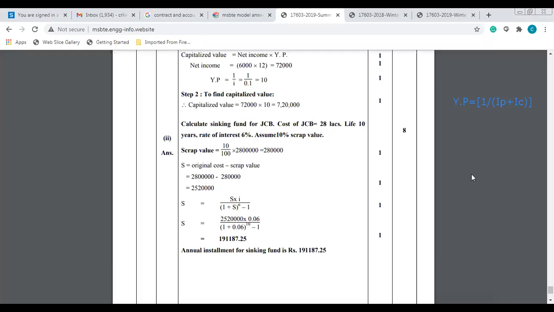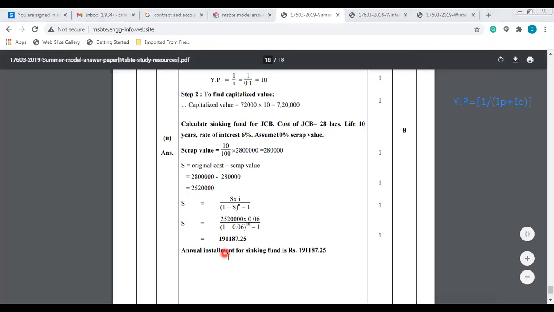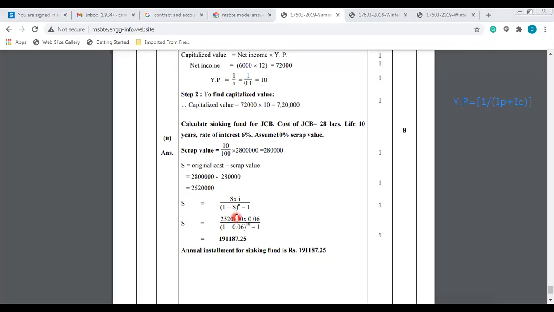For the answer, the symbol changes to I, because this is not the sinking fund; it's the annual installment. Yes, it may be a typing mistake. It's the annual sinking fund installment. So use any notation. As I said earlier, somebody has the habit of writing only capital I. Somebody is fond of writing S with a small suffix i, that also indicates the annual sinking fund installment.